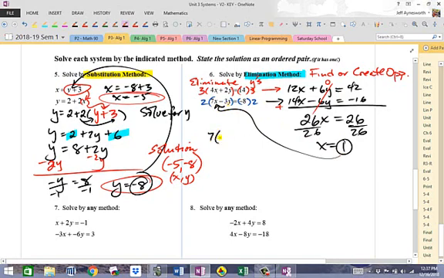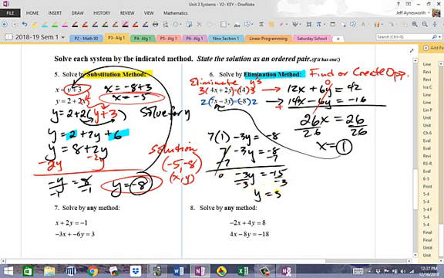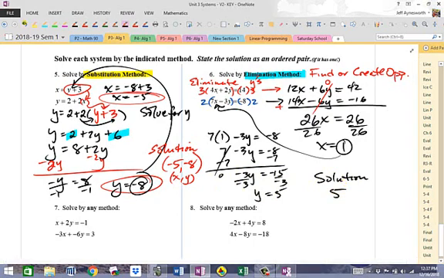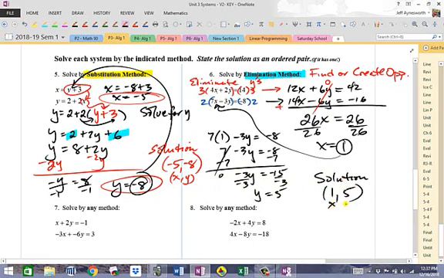So I get 7 times 1 minus 3y is equal to -8. And you've got to solve for y. So let's subtract 7, and you get -3y is equal to -15. Divide by -3, and you get y is 5. So my solution to the system is 1 comma 5. Always x and then y.